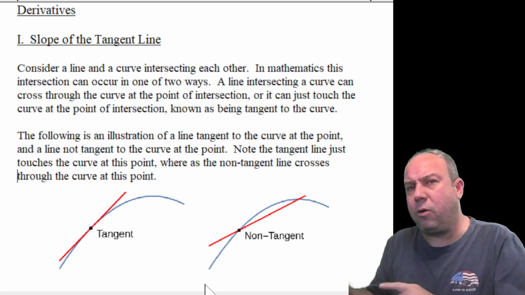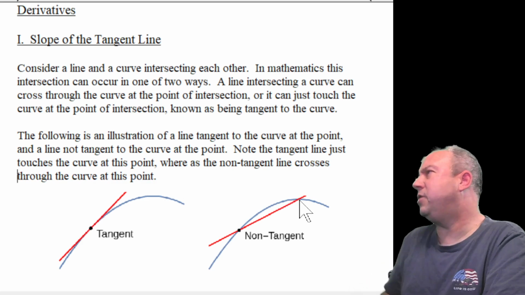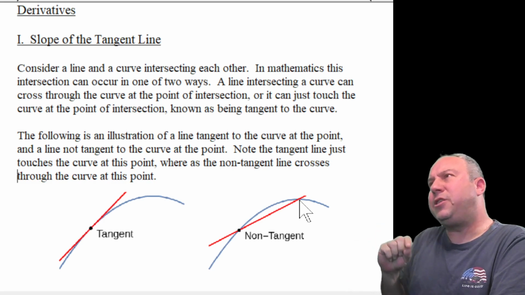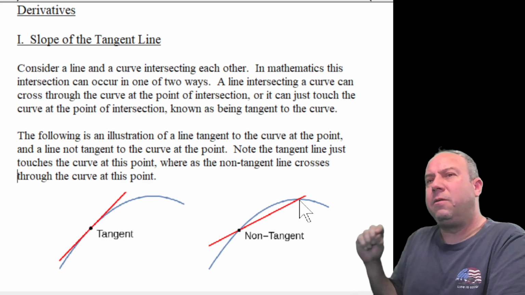In the XY coordinate plane, if I know the point of intersection for both of these locations, I can calculate the slope of that non-tangent line by just using the difference between the rise and the run, the rise over the run.